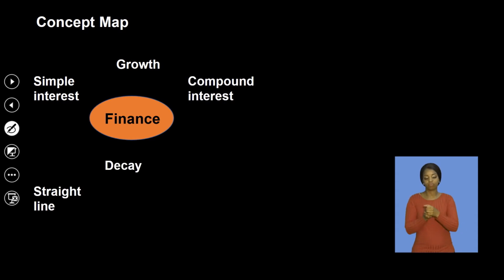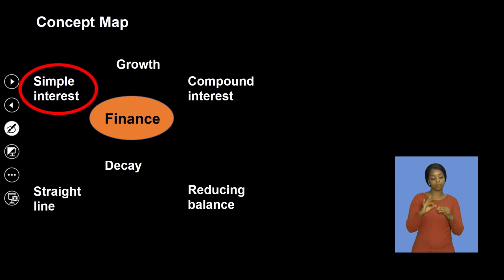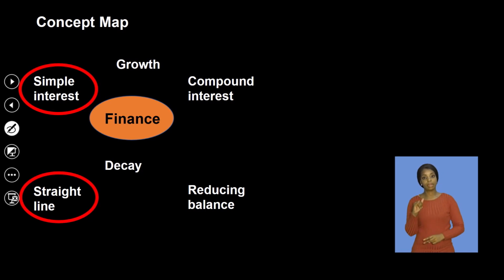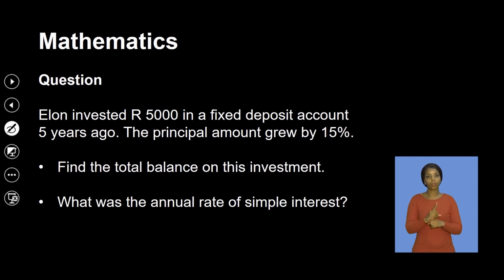Quickly though, remember we're still looking at finance, and under finance we're looking at growth, which is the simple growth specifically, and decay. And our big ideas were simple interest and straight line depreciation. Now, the very first question we have is, Elon invested 5,000 in a fixed deposit account 5 years ago, right? And then the principal amount grew by that.